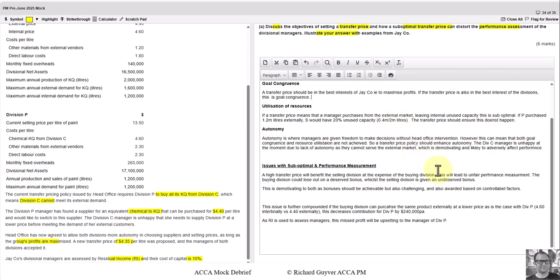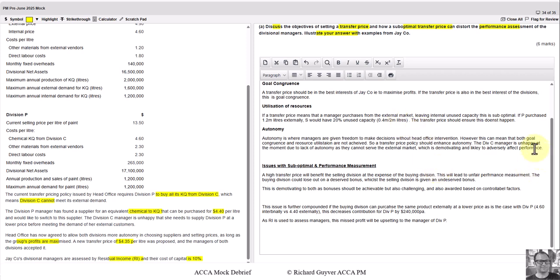Autonomy is where managers are given freedom to make decisions without head office intervention. However, this can mean that both goal congruence and resource utilisation are not achieved, so a transfer price policy should enhance autonomy. And my example, the Division C manager is unhappy at the moment due to lack of autonomy as they cannot serve the external market, which is demotivating and likely to adversely affect performance.